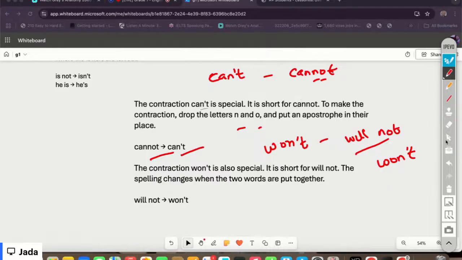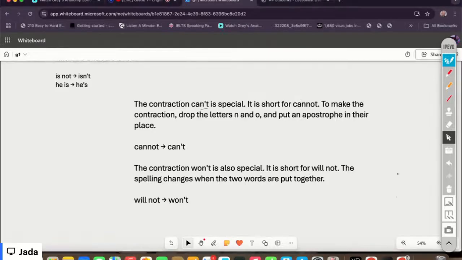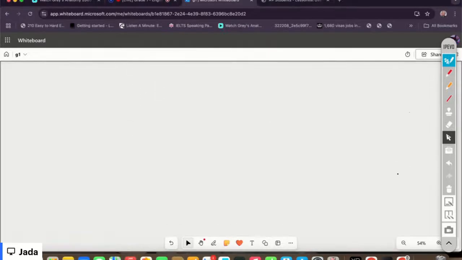Okay, so moving on, let's have some contractions. If you know any contraction, you can send in the chats. Okay, so if you know any contraction, just share with us.